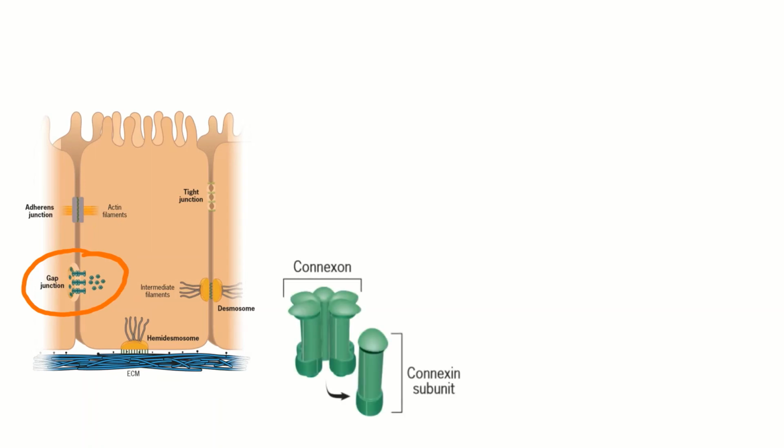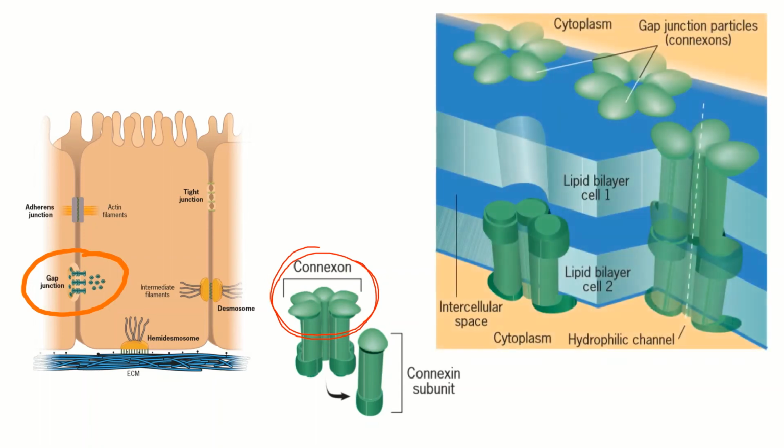So the gap junctions are composed of proteins known as connexin, which aggregate together to form this rose-shaped channel we call the connexon. Okay, so the connexon doesn't span in between cells, but it just stays in the membrane of whichever cell it belongs to.